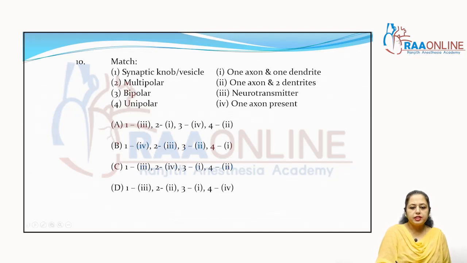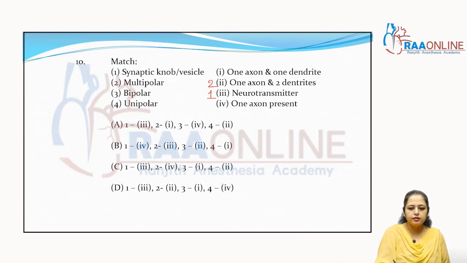Synaptic knob vesicles are filled with neurotransmitters. Now, multipolar neurons have one axon and multiple dendrites.